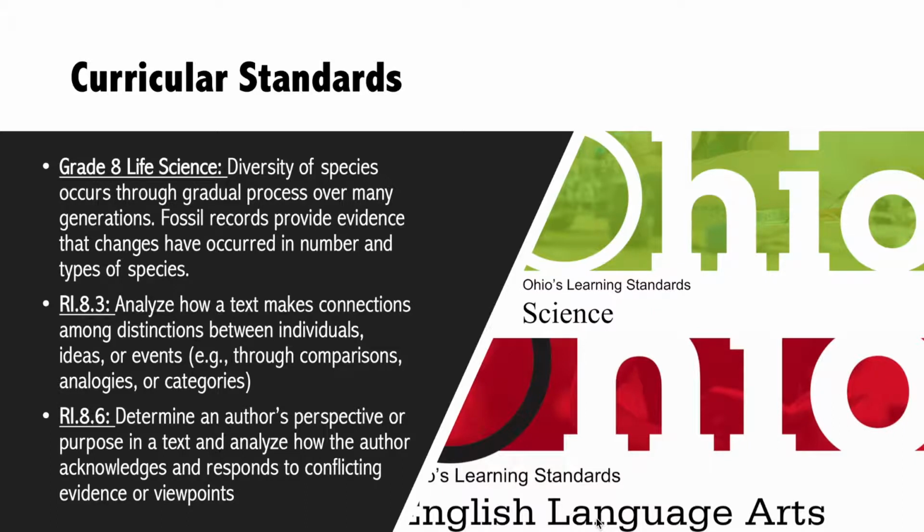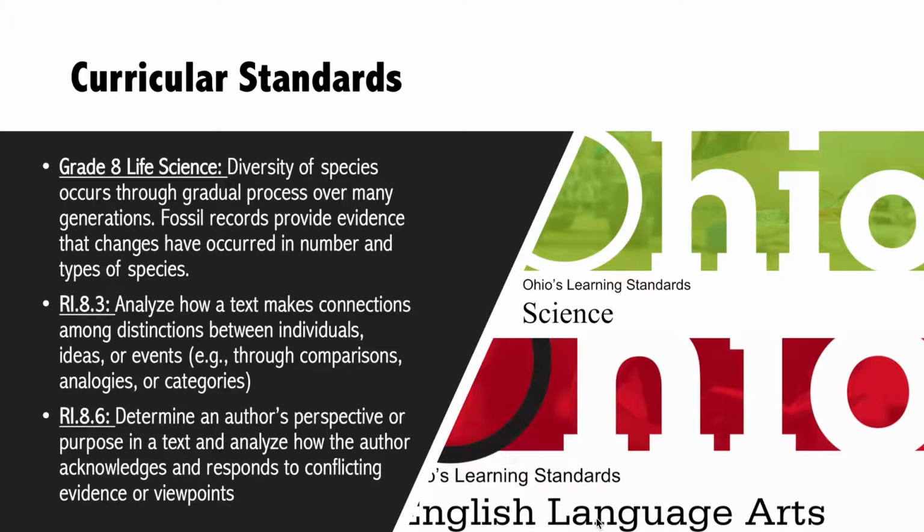So for my curricular standards for life science, it'd be the grade 8 standard talking about the species and fossil records. And so we would have a lesson over that and bring into the lesson examples of how Jurassic Park scientists made the dinosaurs and looked at the DNA and all of that.